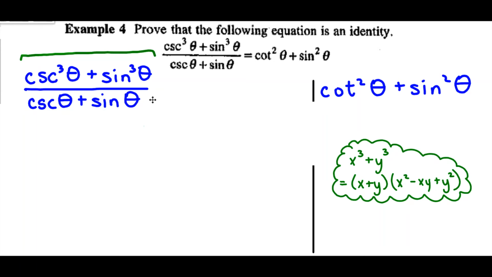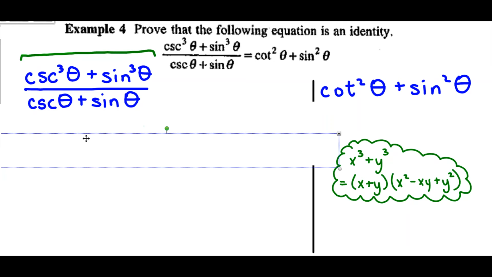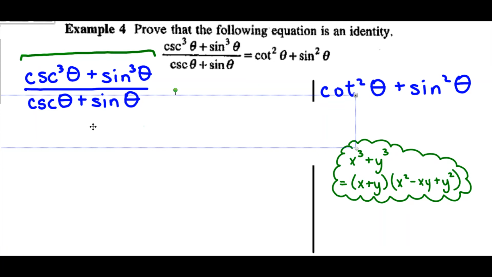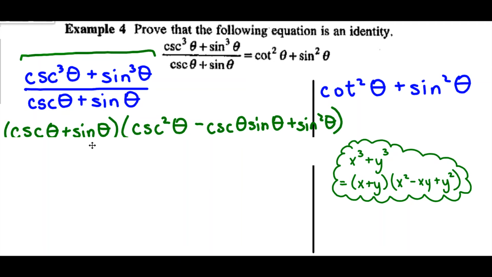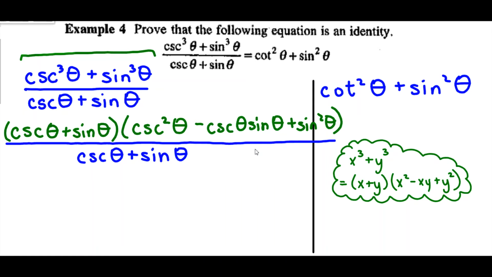So using this idea here, cosecant cubed theta plus sine cubed theta is going to work out to being cosecant theta plus sine theta times cosecant squared theta minus cosecant sine theta plus sine squared theta. So this is just following this pattern that I have over here. I'm not doing anything with my denominator, so it is going to stay just the way that it is.